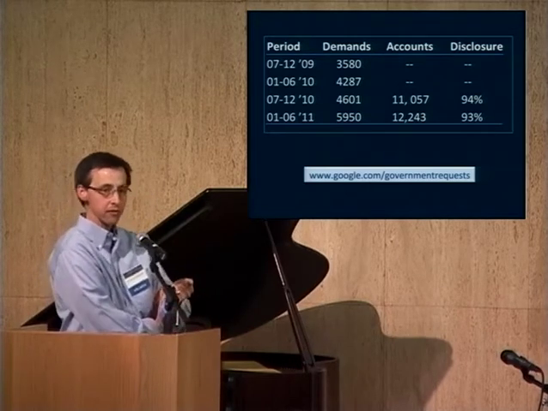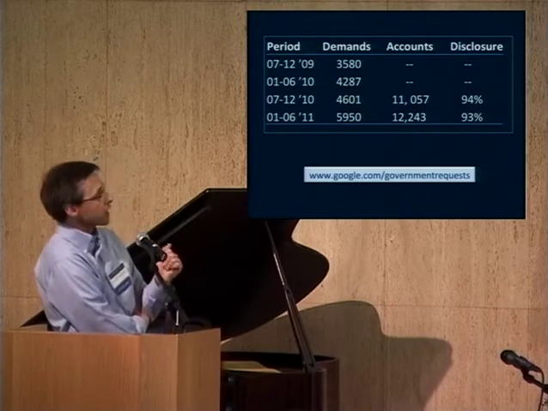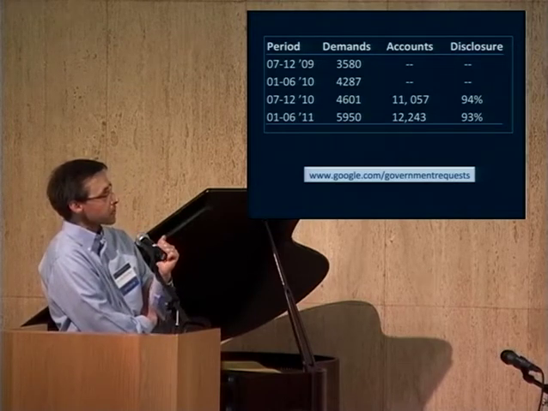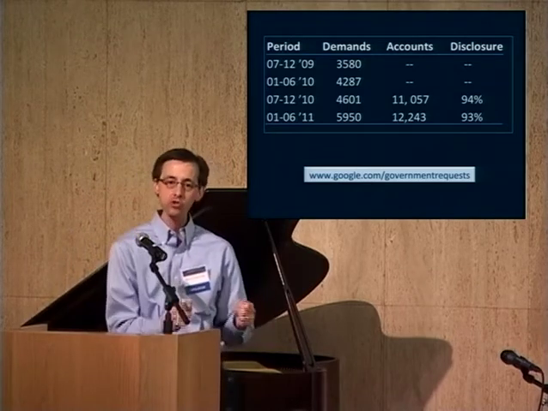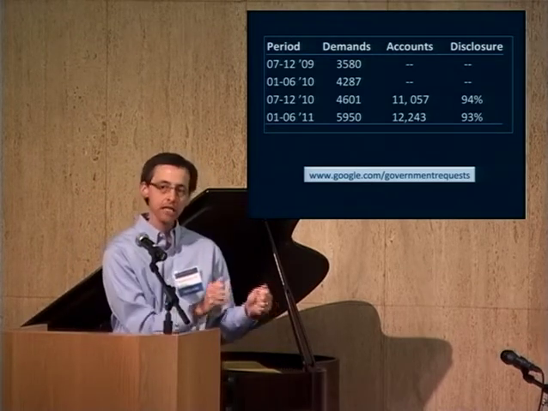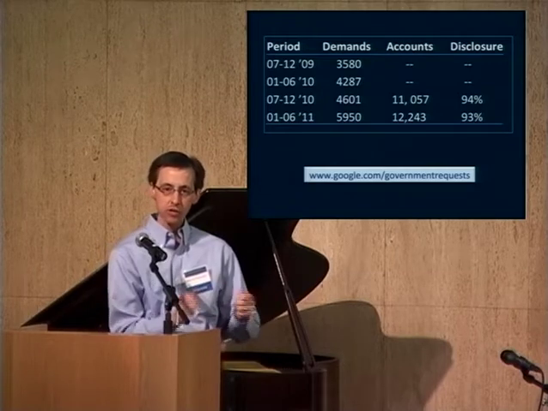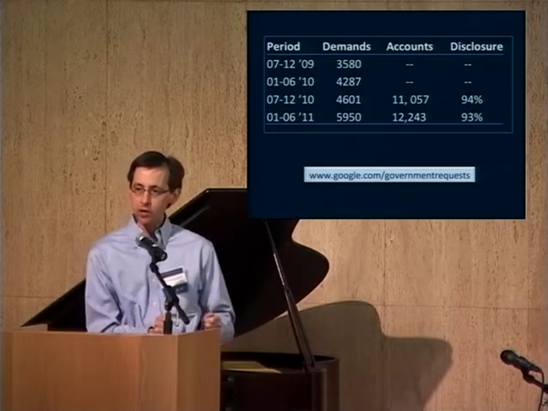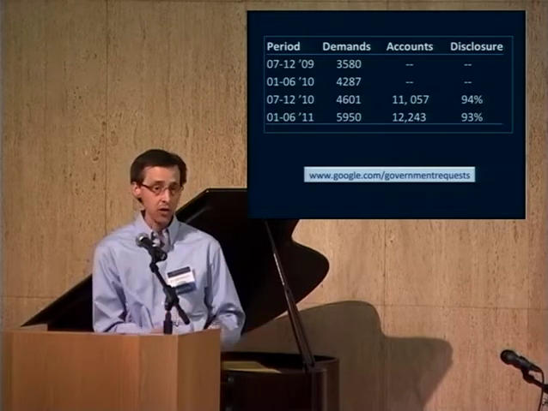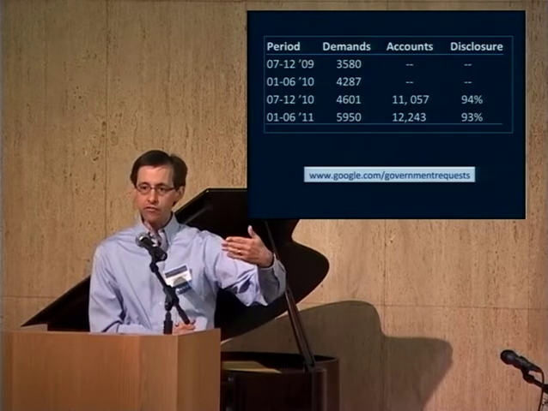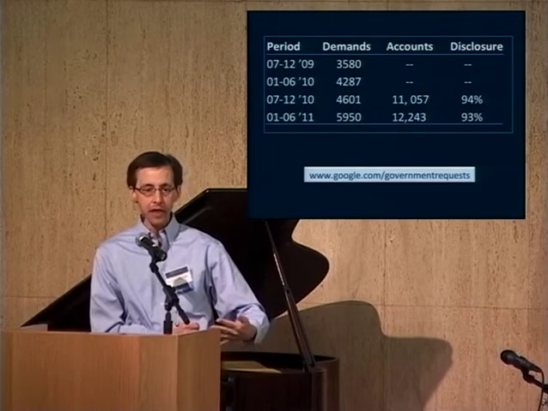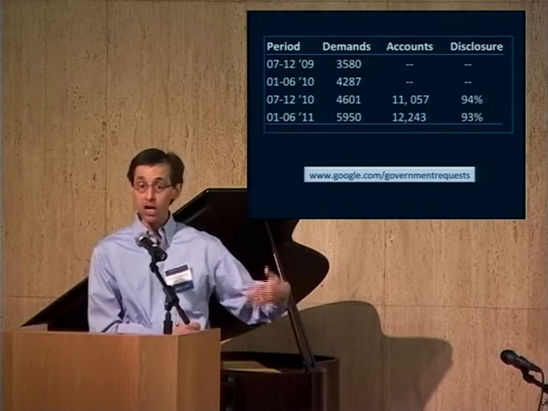In the second half of 2010, we decided we'd like to break out not just the number of legal process we received, but how many users were actually at stake in the legal process. One of the things we saw as a limitation on the numbers was that it was fine to count the number of subpoenas and search warrants, but oftentimes you'd get a search warrant that had 50 user IDs in it, and another search warrant which would have 1 or none.